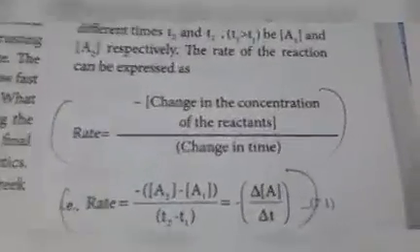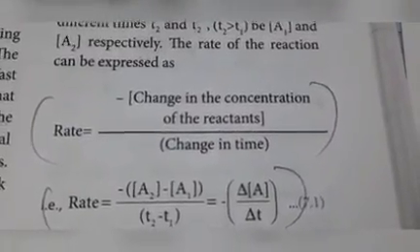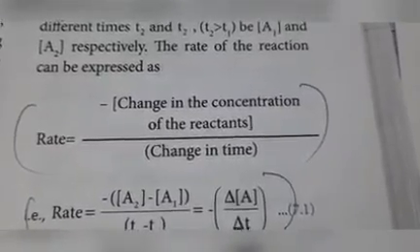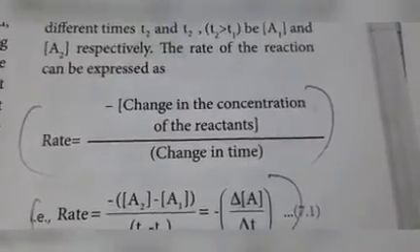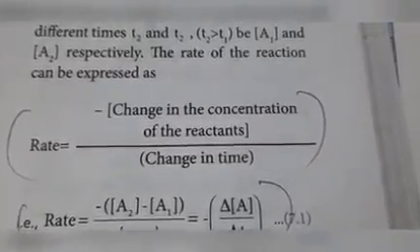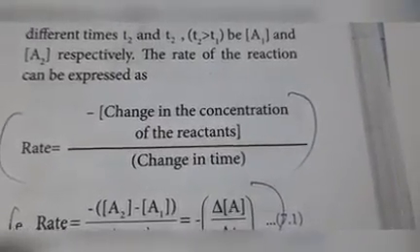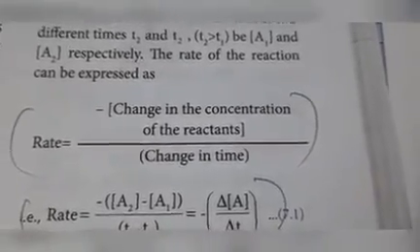The definition is given in this formula: rate is equal to minus change in concentration of the reactant divided by change in time. Change means difference between concentration of reactant, divided by change in time. That is the rate of reaction.